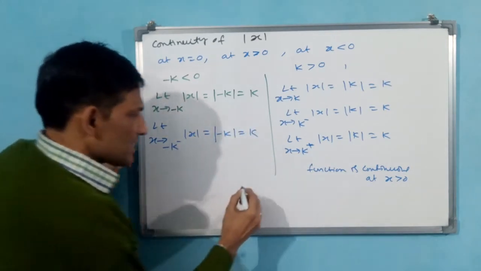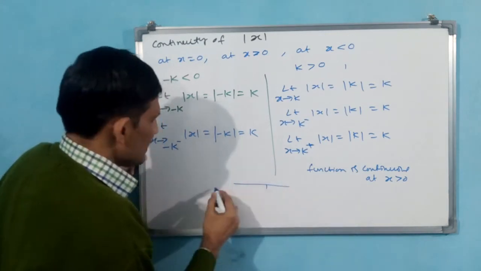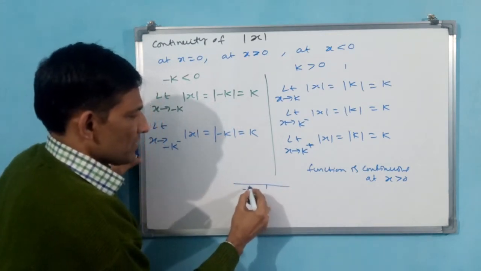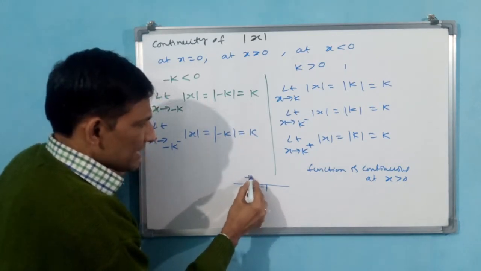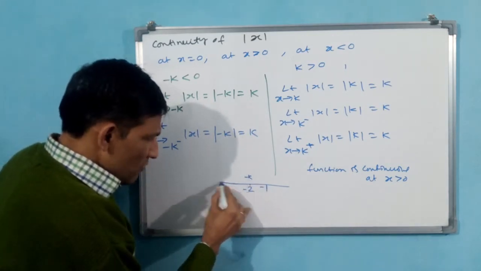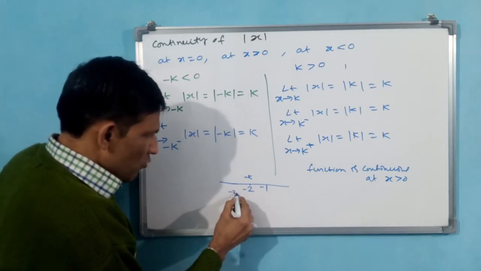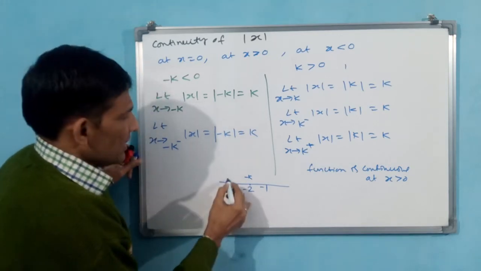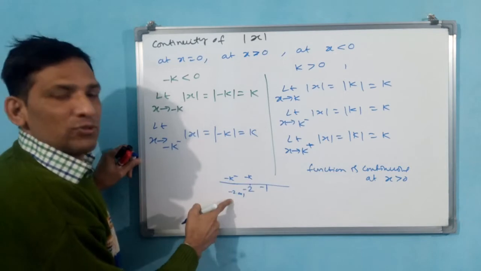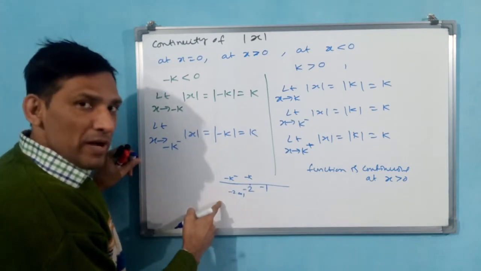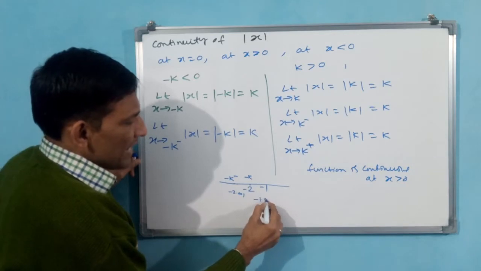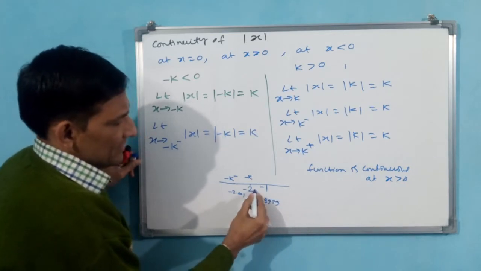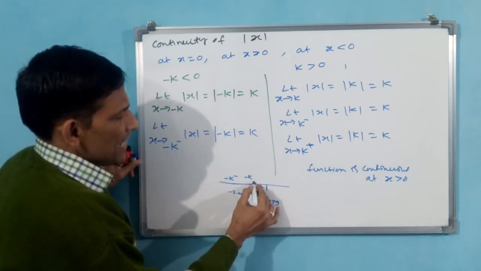See, minus k minus means what you are going to do. Say minus k is 2, minus 2. This is minus 1. Minus 2.001 is minus k minus. This side minus 2.001, but this side minus 1.9999 is minus k plus.